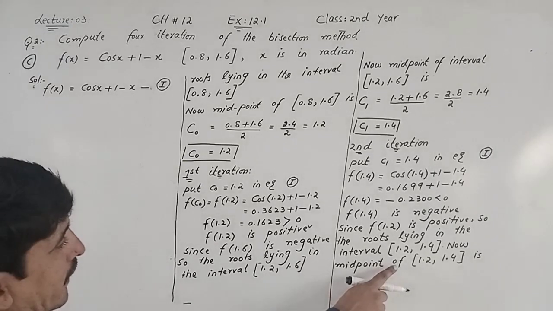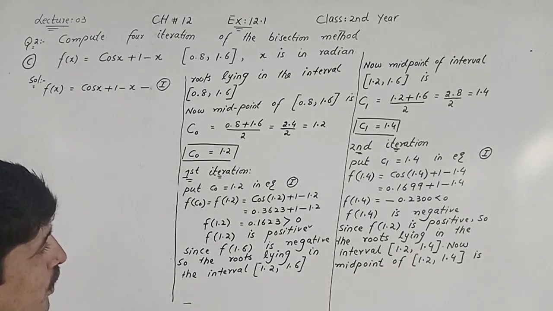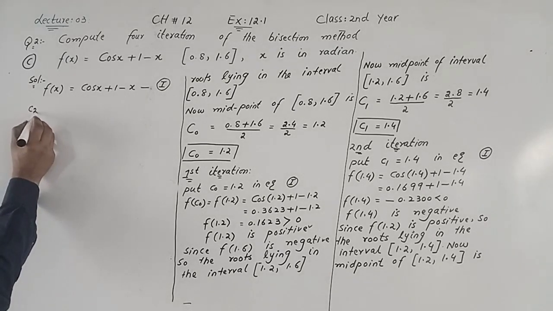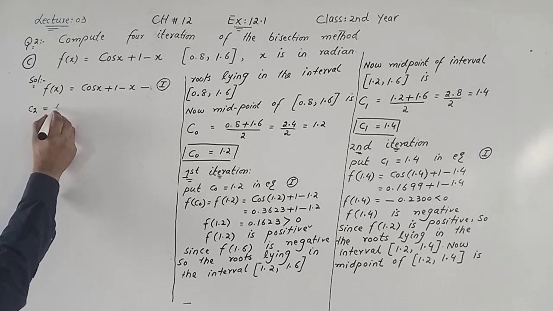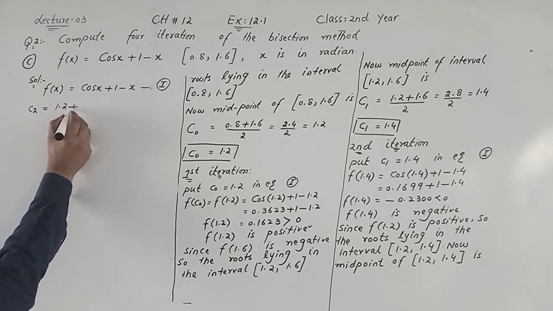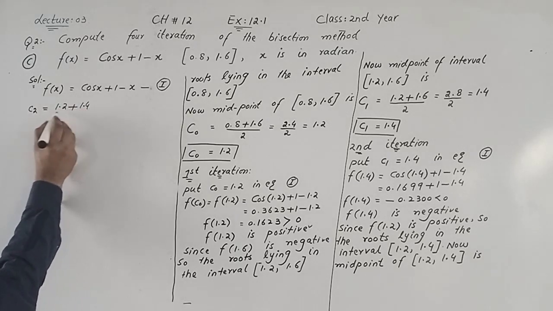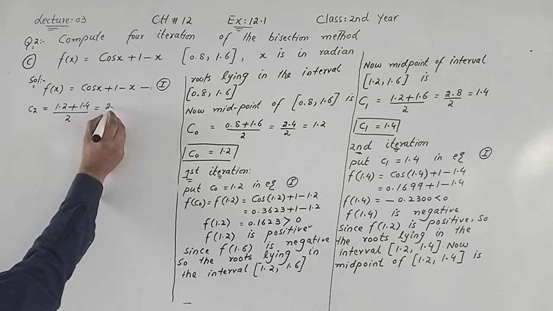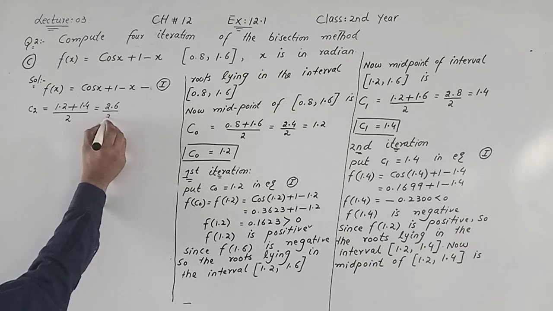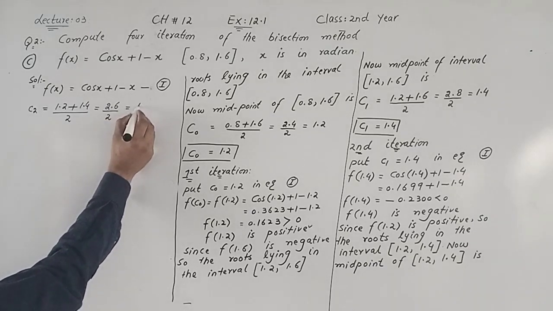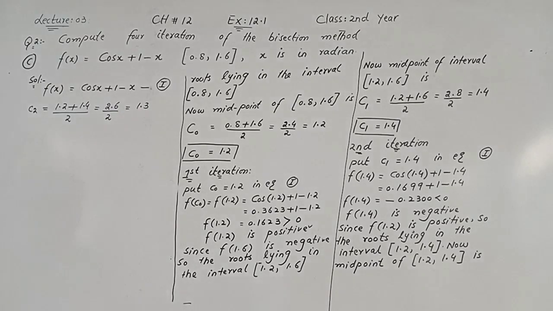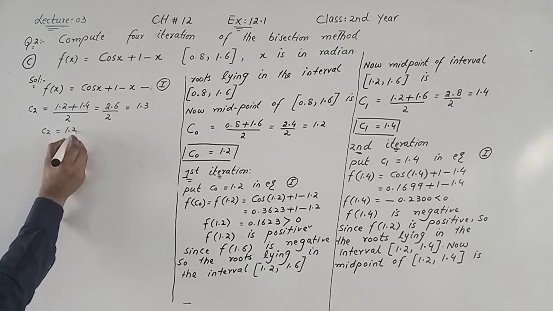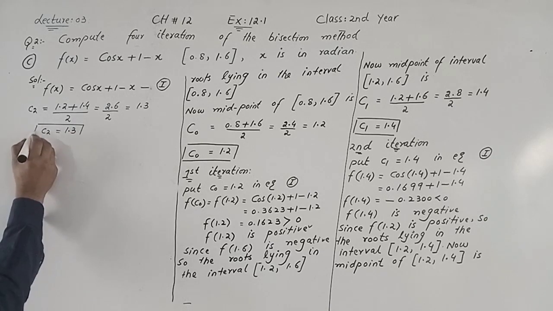The midpoint of the interval 1.2, 1.4 is, say this is C2, which is equal to 1.2 plus 1.4 divided by 2. We get 2.6 divided by 2, so which is equal to 1.3. C2 is equal to 1.3.